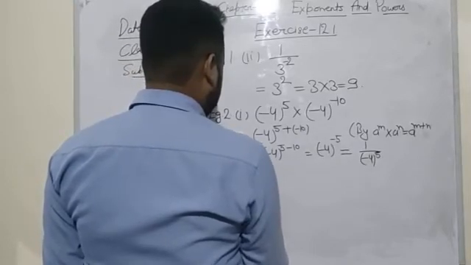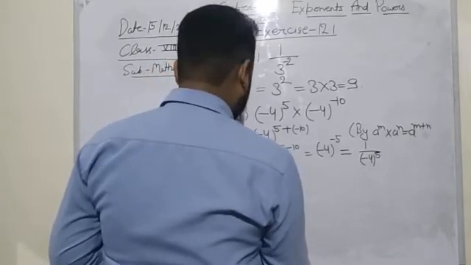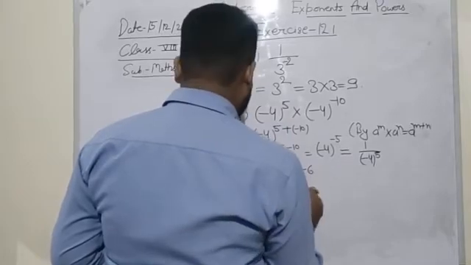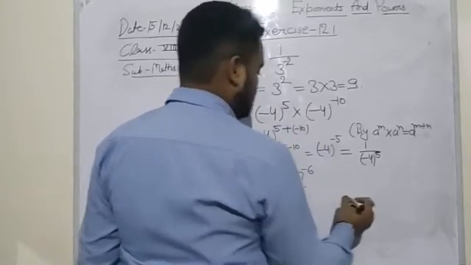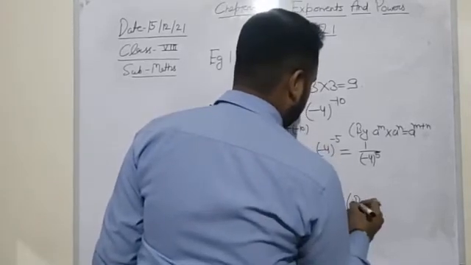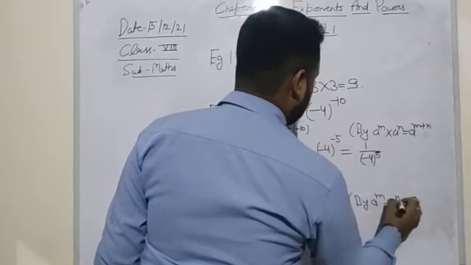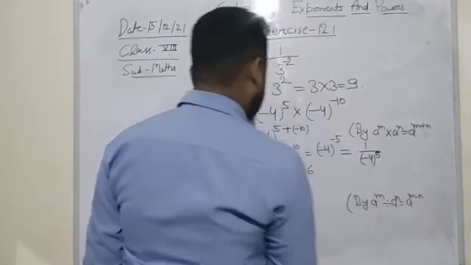Now the second part of this: 2 to the power 5 divided by 2 to the power minus 6. So by a to the power m divided by a to the power n, we have a to the power m minus n.